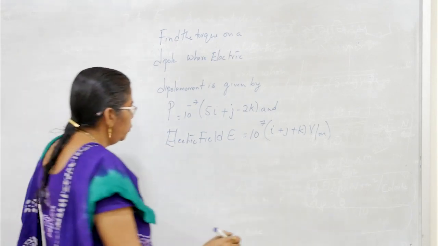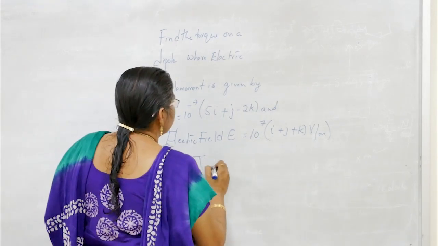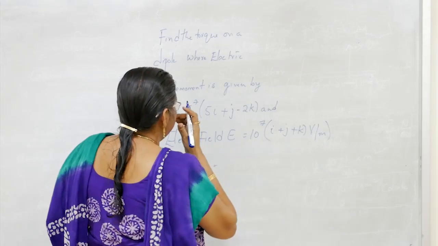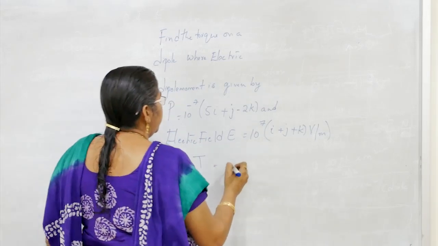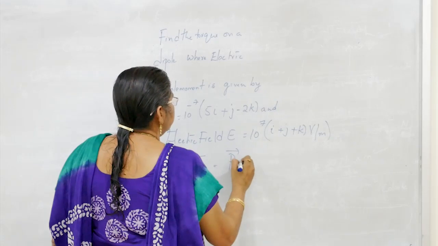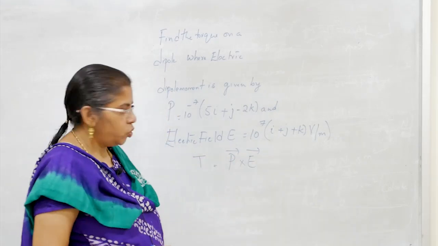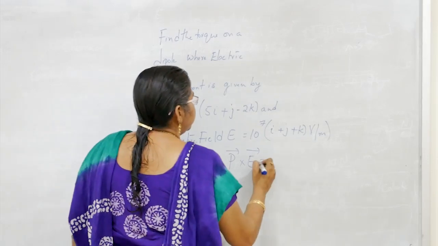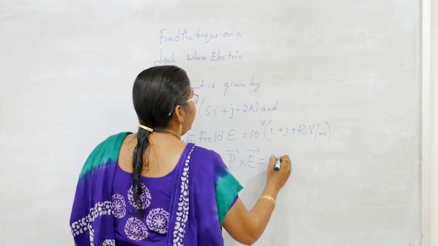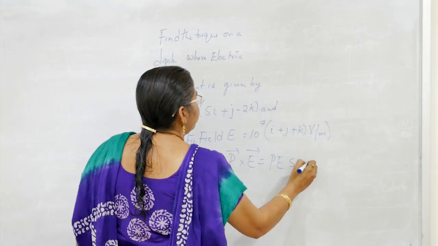So he is asking you to find the value of torque. So torque is equal to P cross E. This is the formula for torque, or you can write this as PE into sine theta.